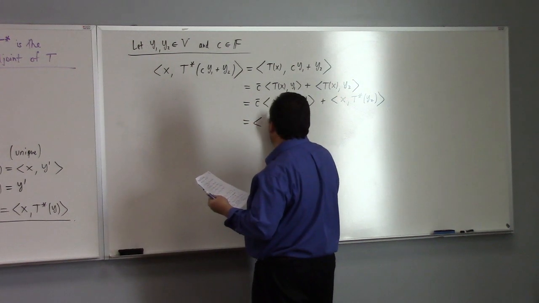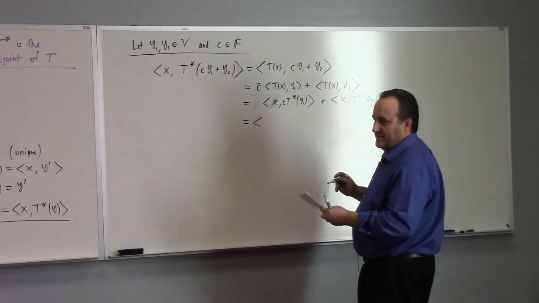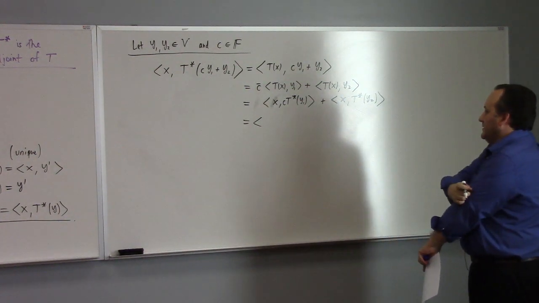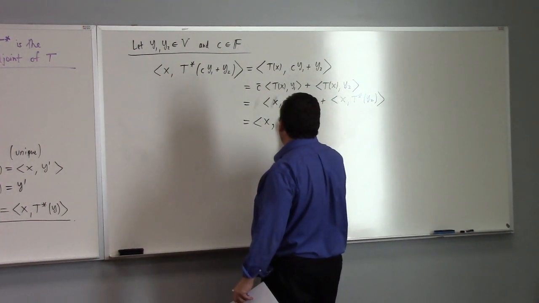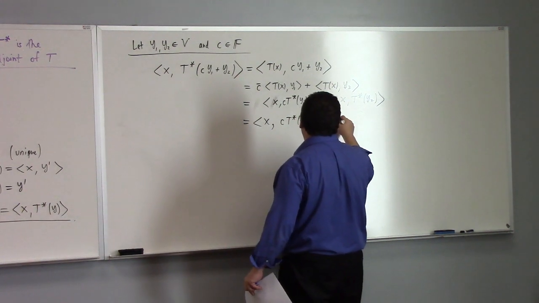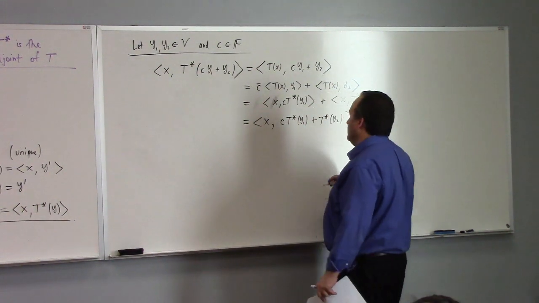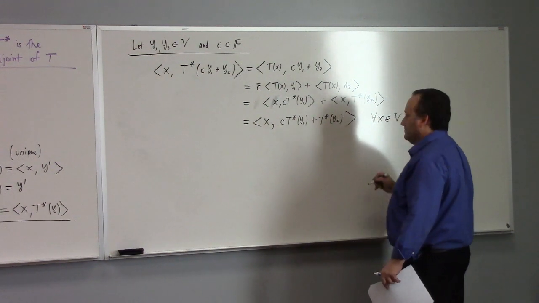I should have done that in the last step. Let me do it back here. There we go. And then that gives me x comma c T star y1 plus T star y2, for all x in V, right?